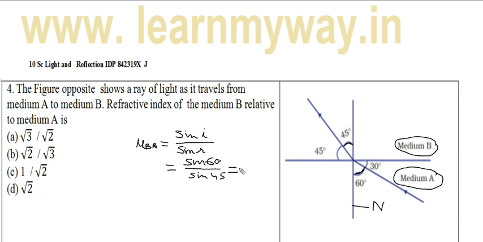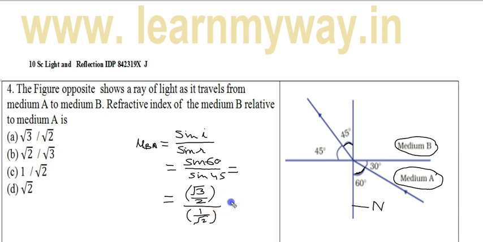Now we have to put these values of sine I and sine R. When you see the table, sine 60 comes out to be root 3 by 2, so we put it in the bracket, and sine 45 is equal to 1 by root 2.